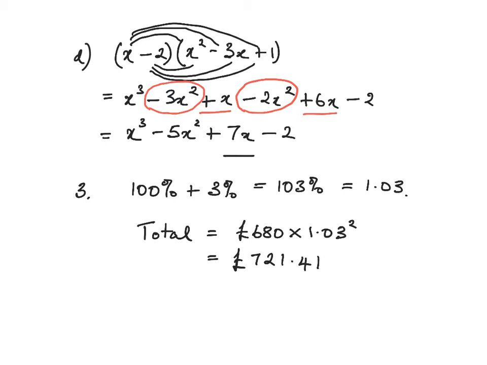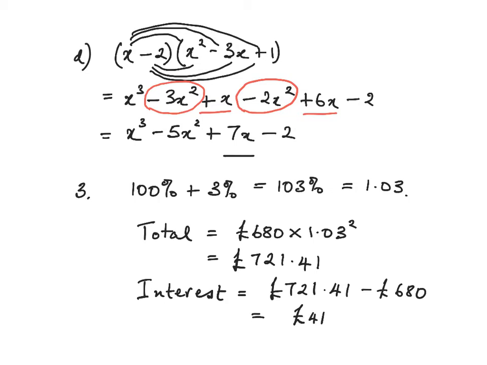Now, we need to work out the interest. So I'm going to subtract the original amount, and that gives me £41 and 41 pence.